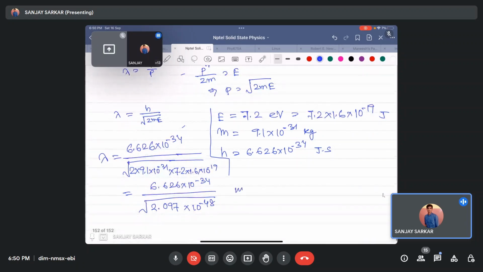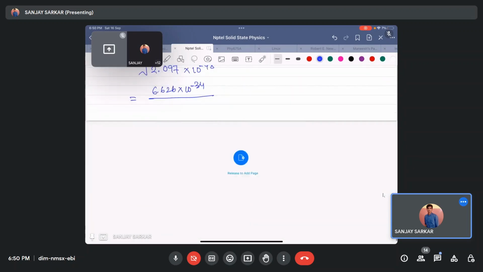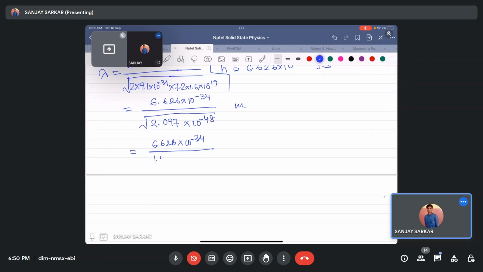This is in meter, yes. So we'll get 6.626 into 10 to the power minus 34 divided by 1.4445, let's say 1.44 into 10 to the power minus 24 meter.